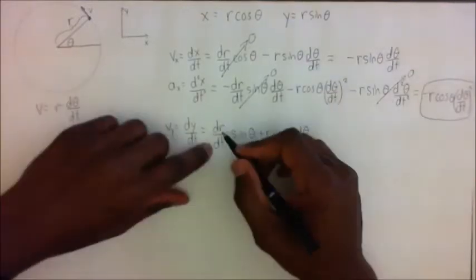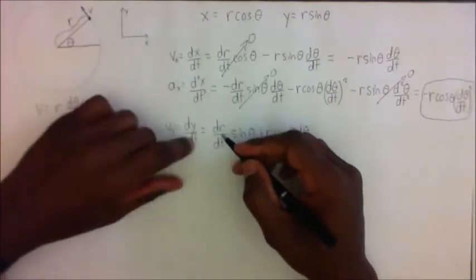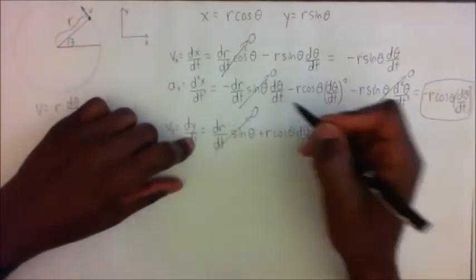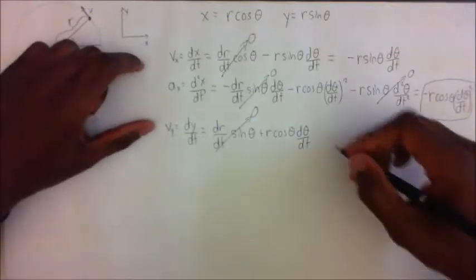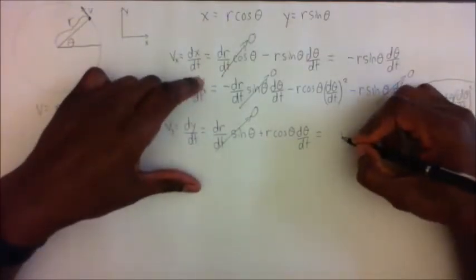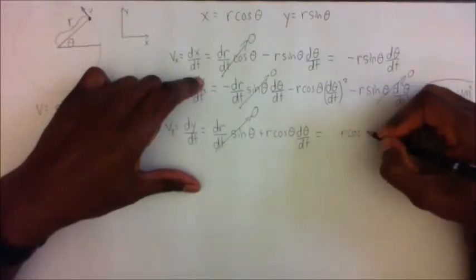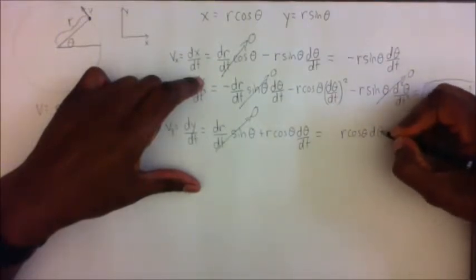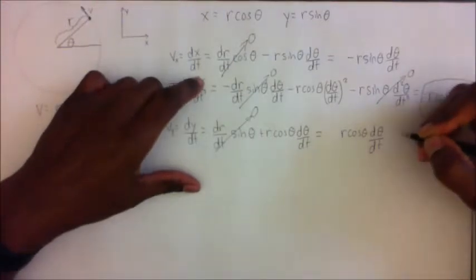And as I said before, the rate of change of the radius with respect to time is 0, since we're looking at a constant radius. So it's going to be equal to r cosine theta d theta over dt.